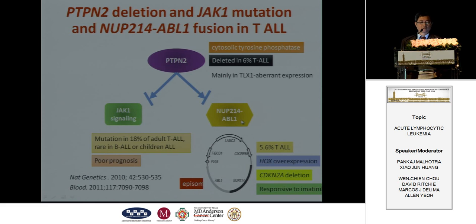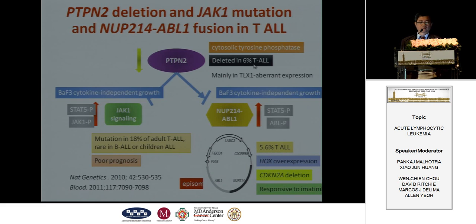So the deletion of PTPN2, as seen in 6% of T-ALL, will theoretically cause activation of these pathways through STAT5 phosphorylation. And the result will be activation of cytokine signal transduction pathway in a cytokine-independent manner.